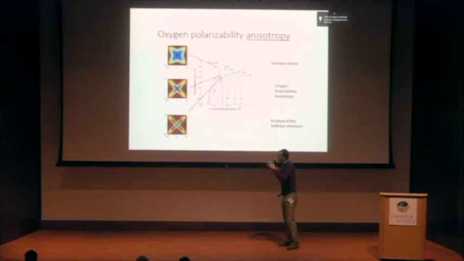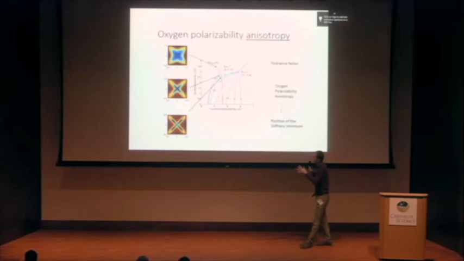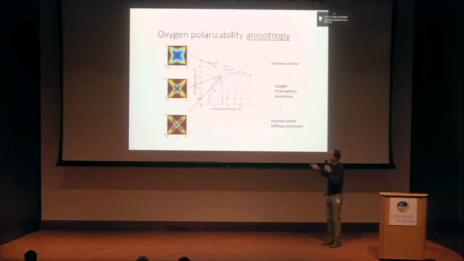We made a systematic study of the position of the minimum as a function of axial and equatorial polarizability components of oxygen, and found that every position of the minimum is accessible in principle.